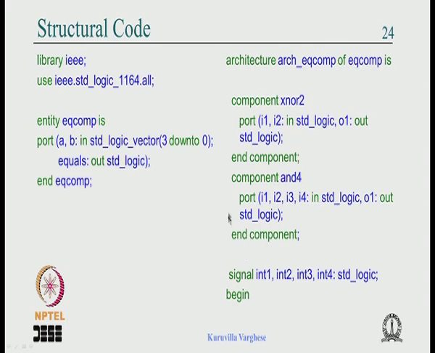So normally when you write the description of the AND gate and the XNOR gate, this component declaration is exactly like the entity. So it is enough if you write the entity and architecture, then copy and paste the entity here, change entity and end entity to component and the entity name to the component name, and remove the is, then you will get it.